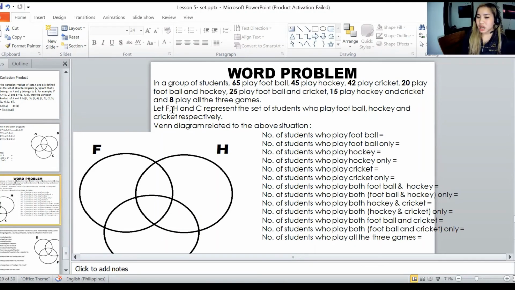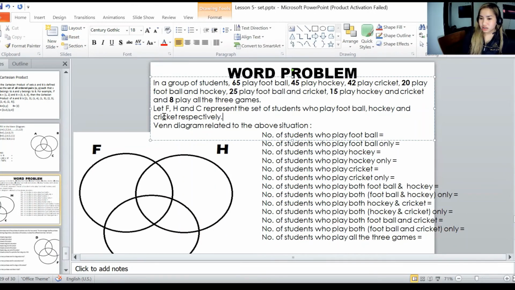Let F, H, and C represent the set of students who play football, hockey, and cricket respectively. F for football, H for hockey, and C for cricket. Draw a Venn diagram related to the above situation.